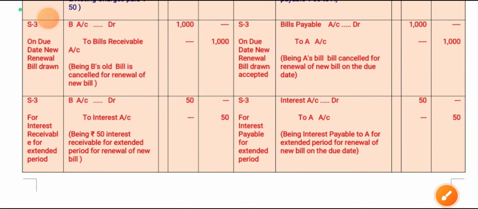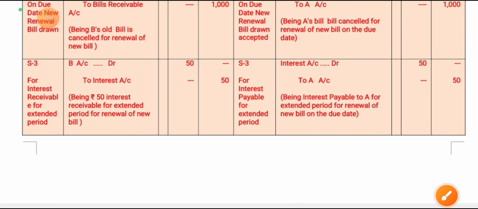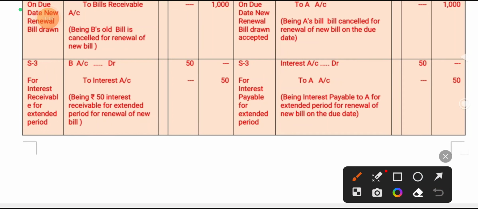Next, in the same situation, for extra amount paid as interest, there will be one more general entry, that is b. Okay, so for A it is income, interest for extended period, and for B it is payment.